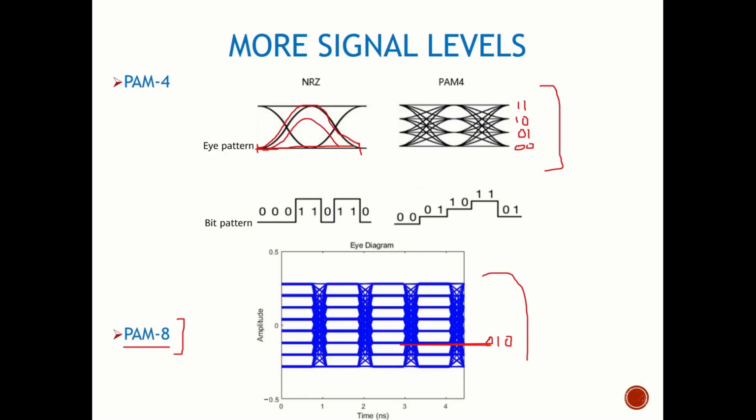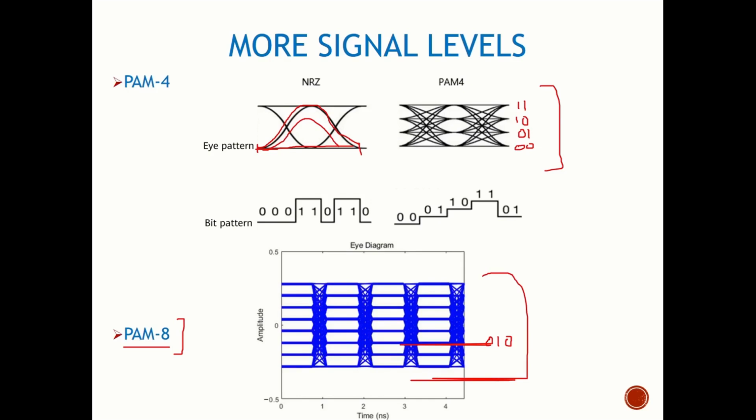We can only do this if we have a good SNR of the channel, so that means the noise in the channel is low. So what we can conclude is that if we want to transmit more bits per second, that is only possible if the noise in the channel is low, so the SNR of the system is high.